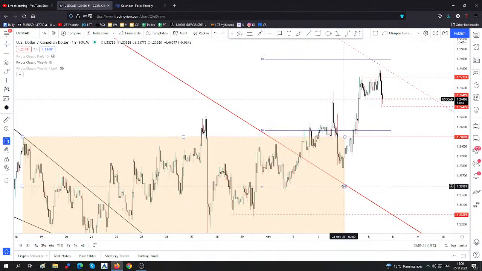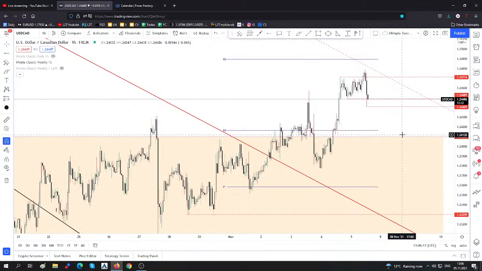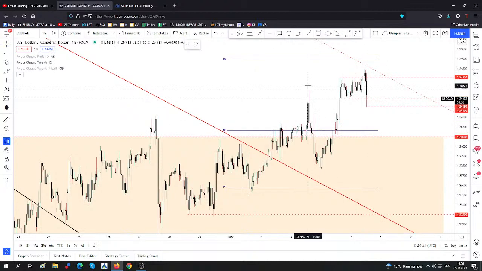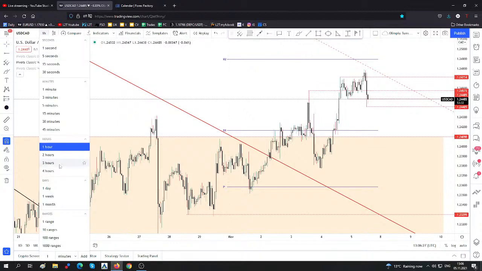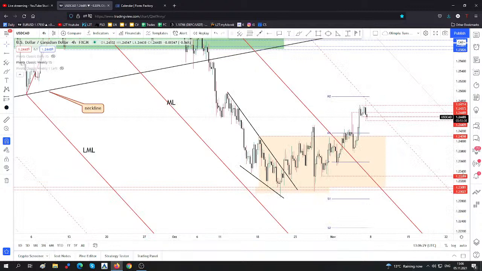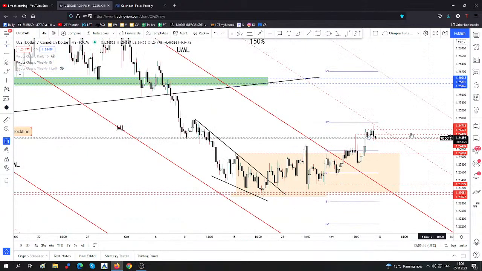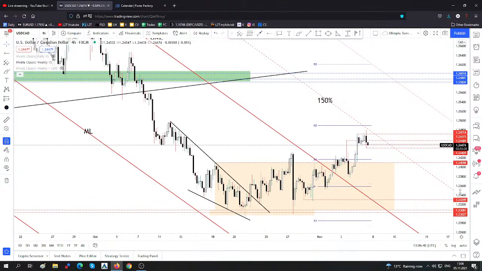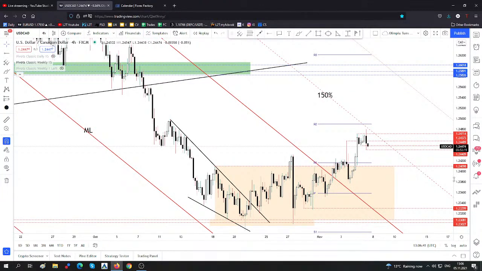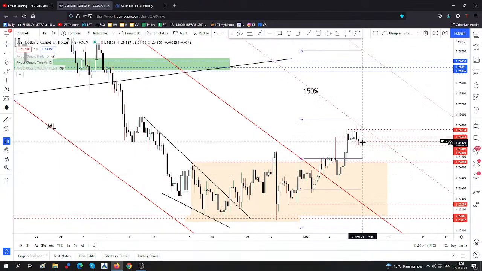One moment. Also here it has failed to stay above this high here. So in the short term the pressure is high here. Also after its failure here to reach the 150% Fibonacci line, technically, personally, I'm still waiting for the price to reach the 150% Fibonacci line, and maybe when the price hits this dynamic resistance, it will also make a valid breakout above it.